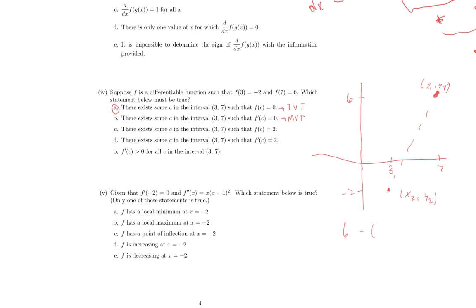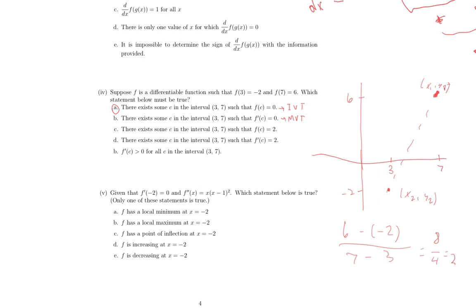So 6 minus -2 over 7 minus 3 is going to be 8 over 4, which is 2. So because we got 2, we know that there will definitely be somewhere in the middle where our derivative is 2. But we don't know if there's going to be anywhere where the derivative is 0. It could just be a flat line where everywhere the derivative is 2.